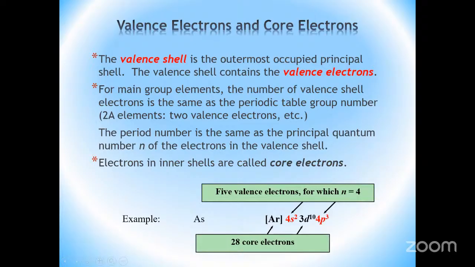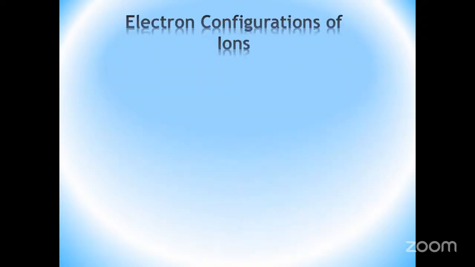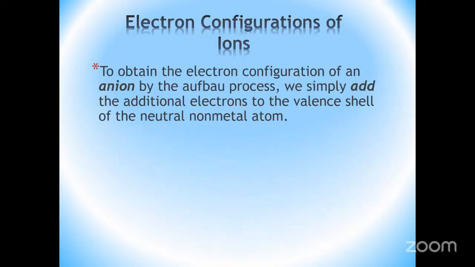So in the case of arsenic, you have a total of 33 electrons, 28 of which are core electrons, and the remaining 5 are valence electrons. It's very important that you know the difference between the two because of what we're going to talk about next: how do we determine the electron configuration of ions?